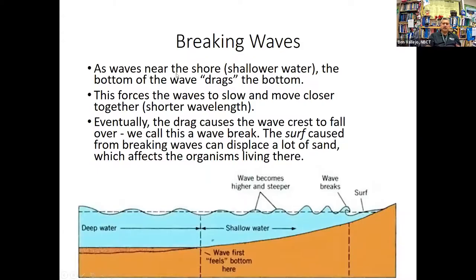So it says here, as waves near the shore, the bottom of the wave drags the bottom, and that's when it starts to break, because all these waves get piled up and start to slow down, and so the wavelength changes and it gets shorter. And so when the top of that wave right there falls over, that's when we say it breaks.